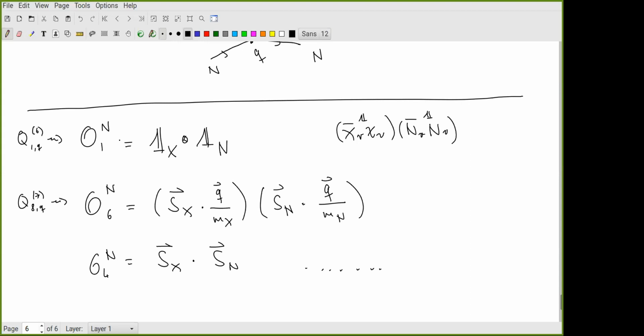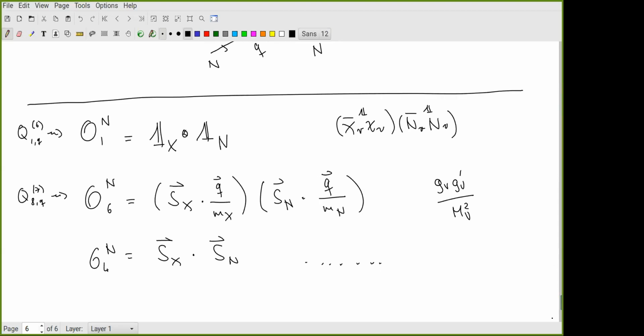So in this case, for this ON1 operator, our vector current, it was just GV prime divided by m_V squared. Okay, so you see the dark matter effective theory is not just one effective theory, it's a whole set of effective theories, with operators and interactions that are appropriate for the description of the physics.